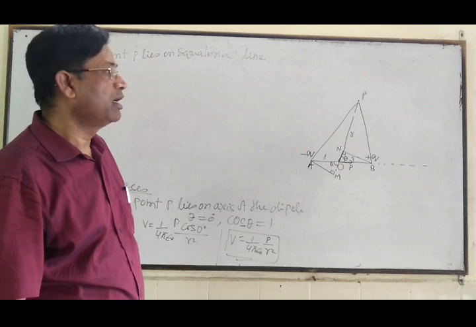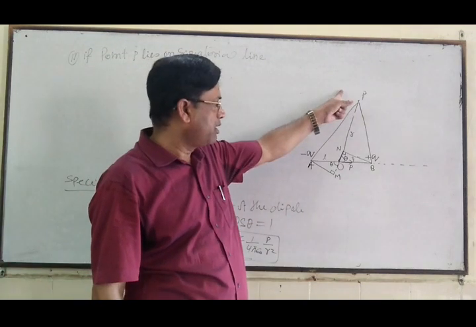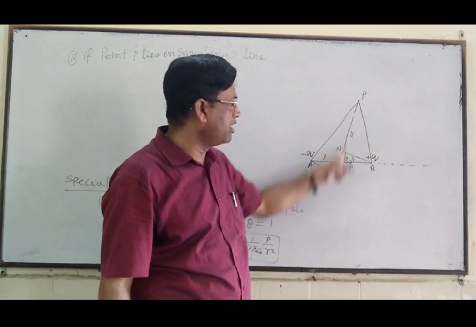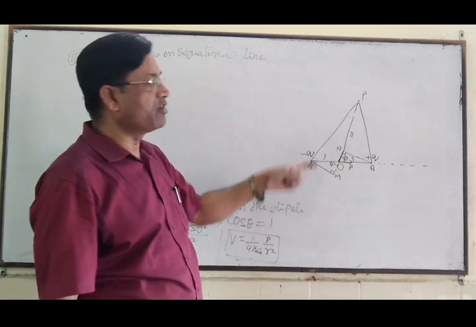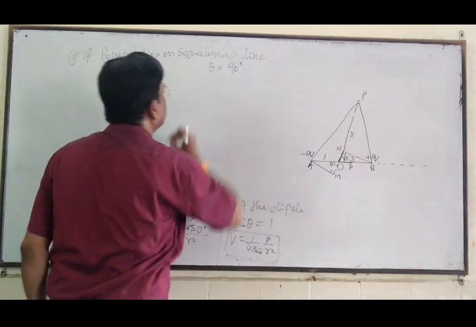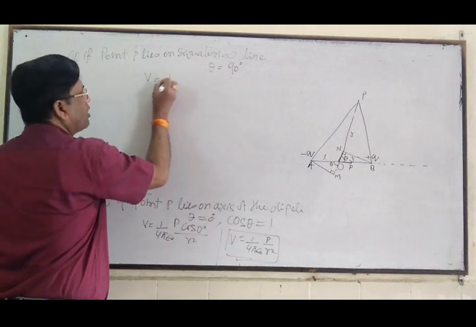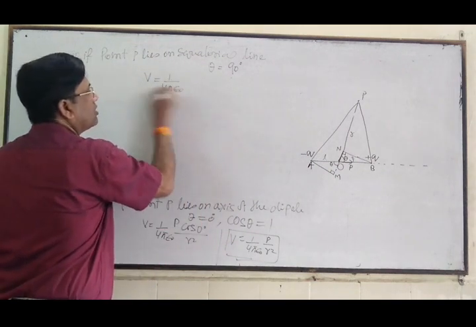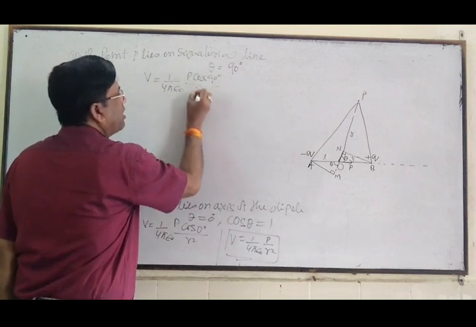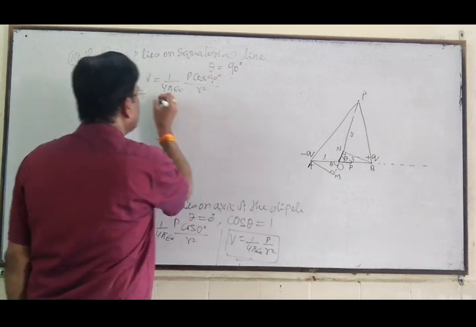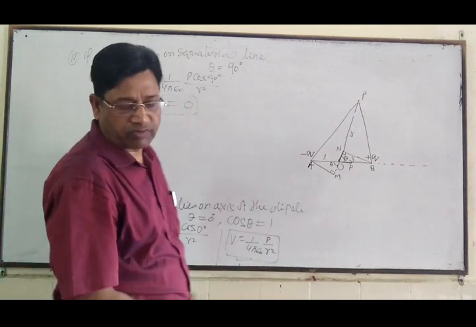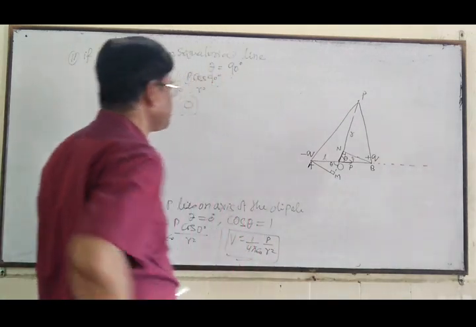You know what is the equatorial line? The perpendicular passing through the midpoint of the dipole is called the equatorial line. The angle between P and R would be 90 degree, so theta is equal to 90 degree. Then V is equal to 1 upon 4 pi epsilon naught P cos 90 upon R square, so V is equal to 0 in this case.